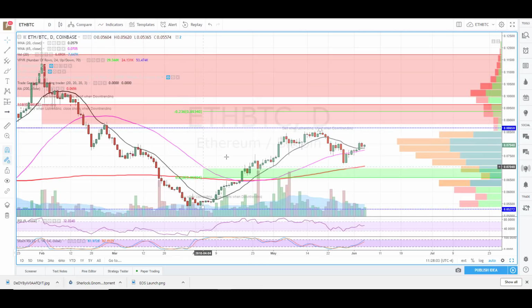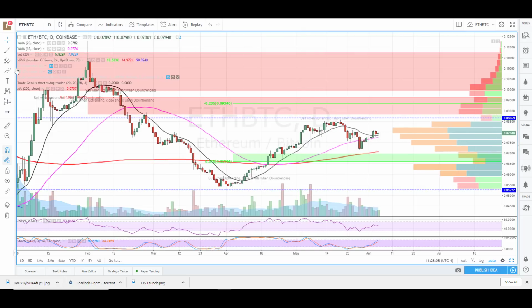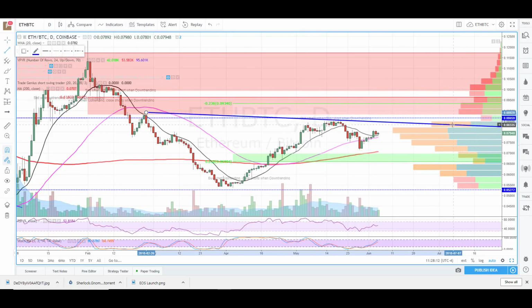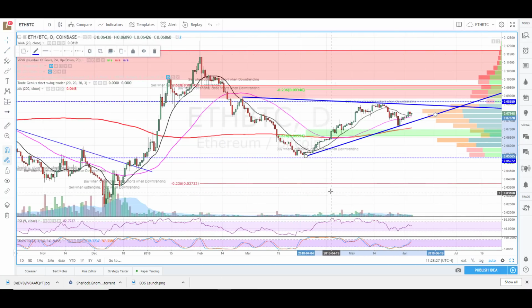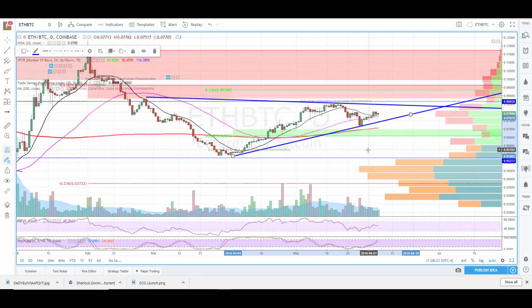We don't have as pronounced a pennant action as we have in Bitcoin. You do have this trend line here, which goes like this. The bottom of this is a lot steeper. So you kind of have a triangle as opposed to a pennant in this formation. This is on your daily for ETH BTC.